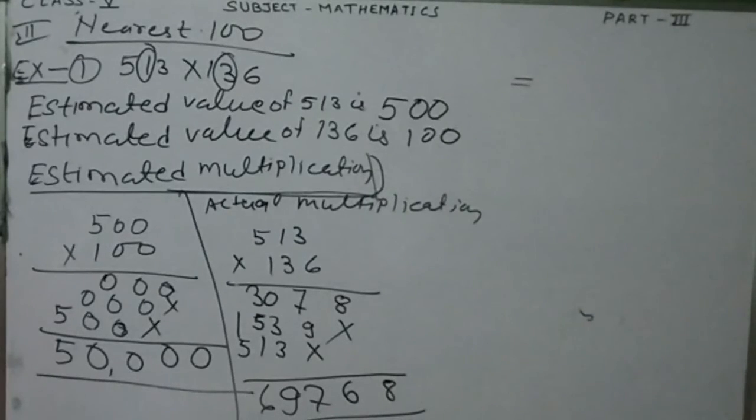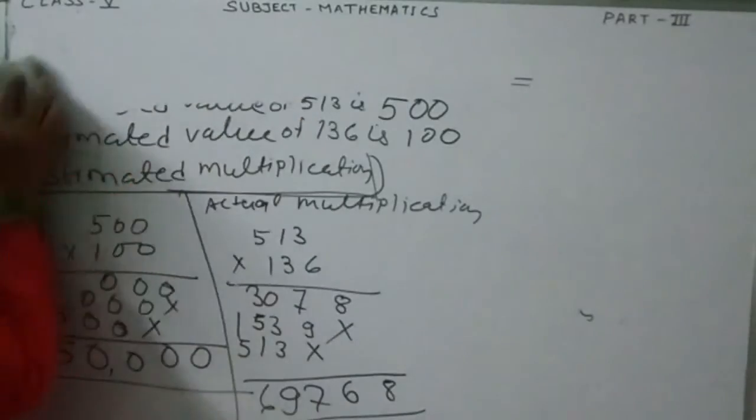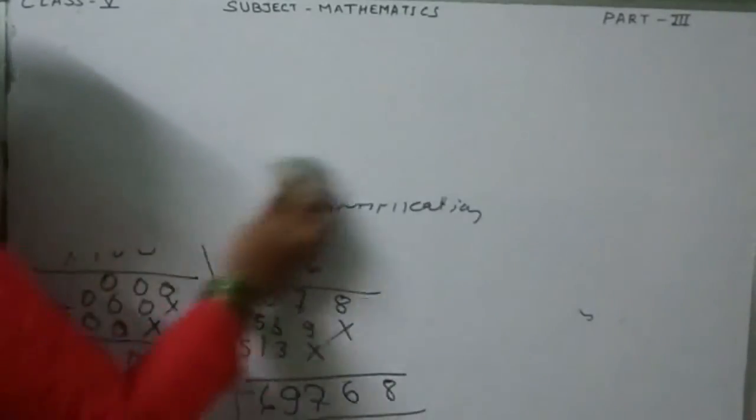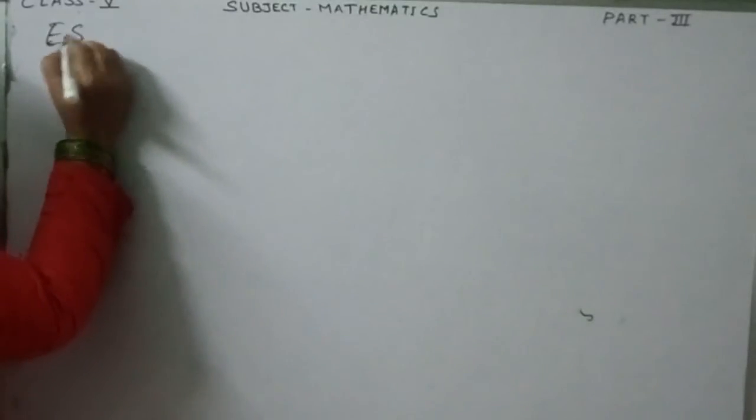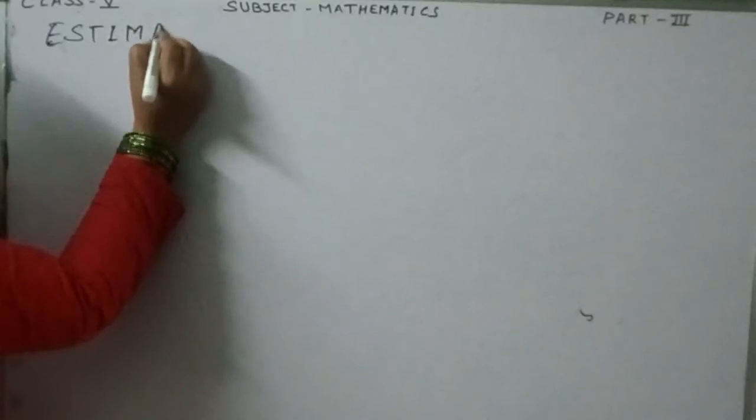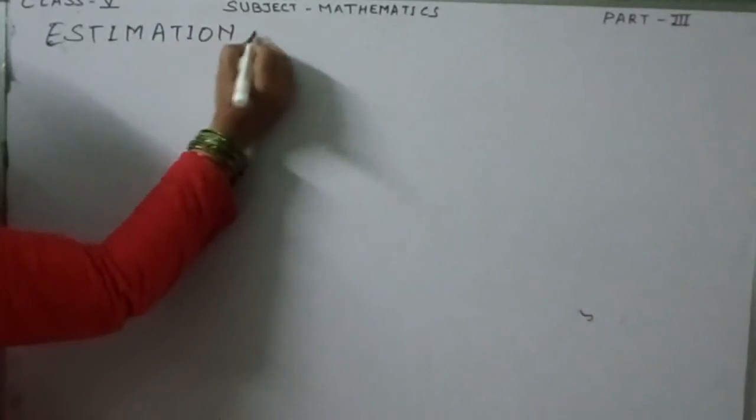Now, the fourth topic is estimation of division. Children, in estimation of division, only one type of question is given, nearest 10. We have to find the numbers by rounding off to the nearest 10, and after that find the estimated division, as well as the actual division.